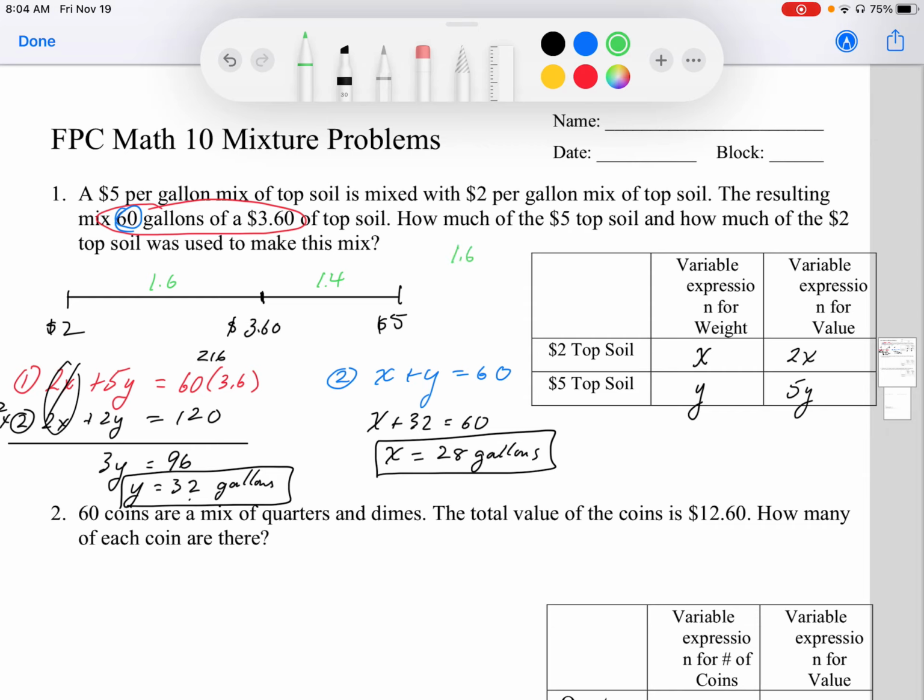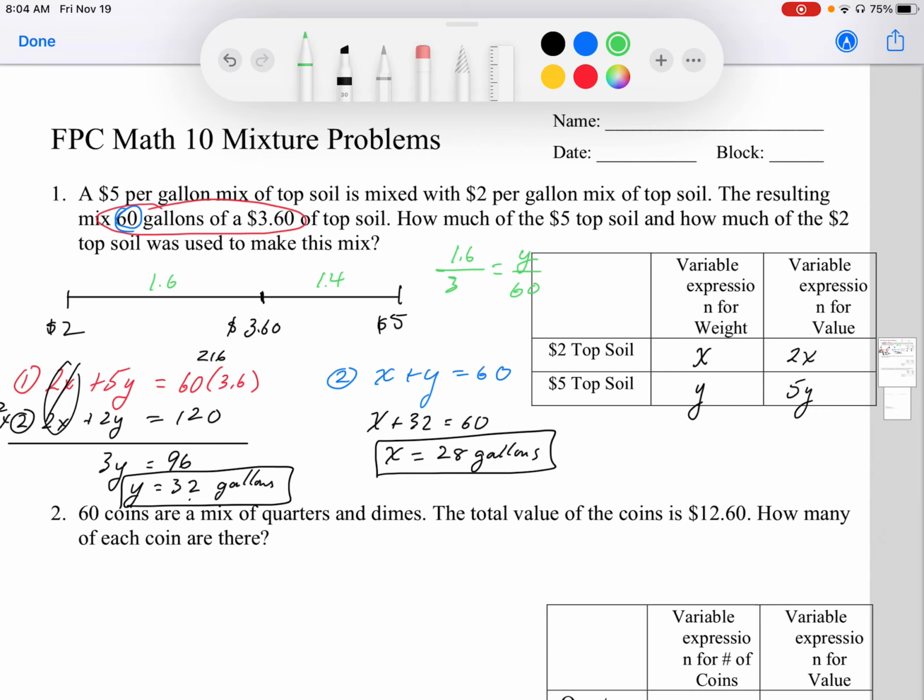If I want to find out the $5 topsoil, I can go 1.6 compared to the total, the $3 difference. So that's going to be part to whole. That proportion should be equal to the part, in this case the $5 topsoil, Y, to the whole, 60 gallons.